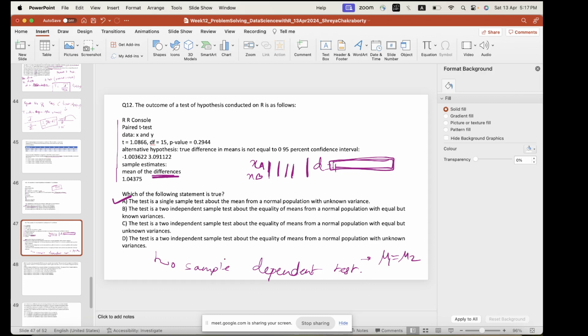So if you have anything like this, a two sample dependent test testing equality of means with unknown variance, that would be a more exact form. Because it is given as a paired t-test, here this D could have been the correct answer, but since it is given as independent sample, it is not a correct answer.